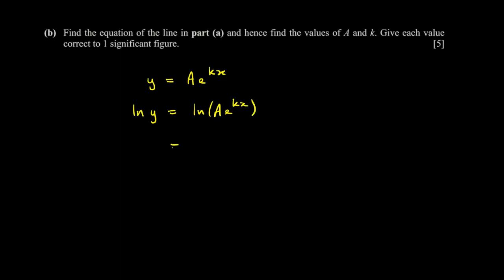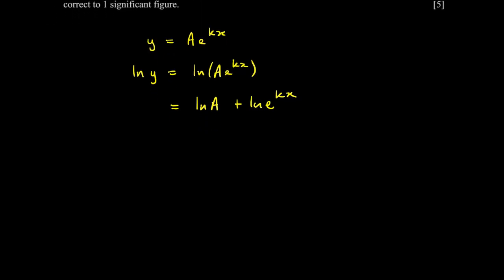Okay, I can use the log rules and split this up. I get ln a plus ln e to the kx, because log of a times b is equal to log a plus log b. And then I can use the log rules again, or actually, because log is log base e, this thing here is just going to be kx.